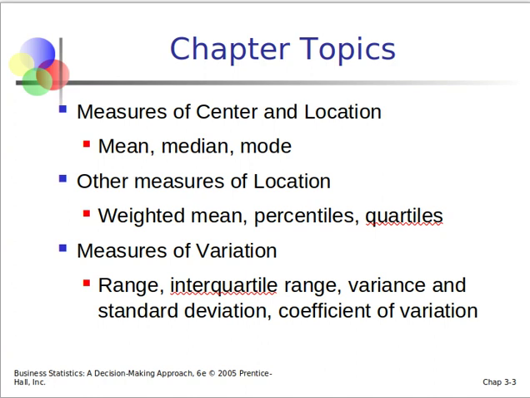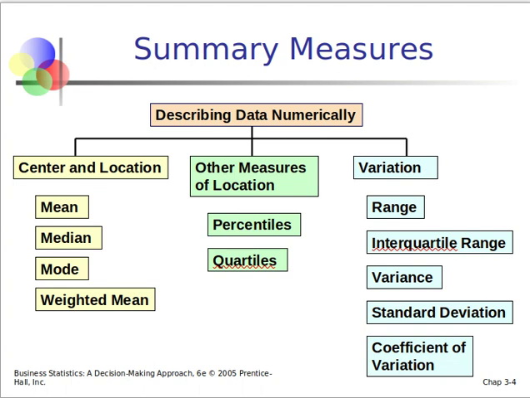And the last, the measures of variation, which are the range, the interquartile range, variance and standard deviation, as well as coefficient of variation. Now, these are all the measures in summary, which we are going to discuss in more detail in the following slides.